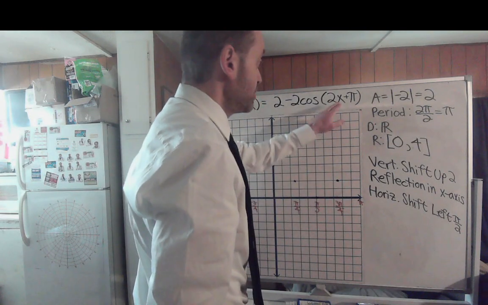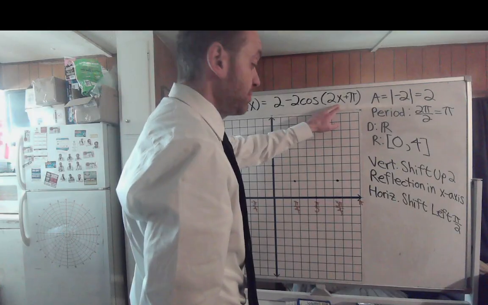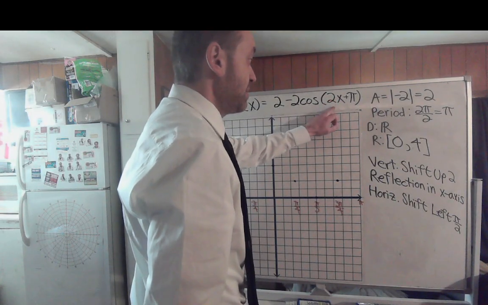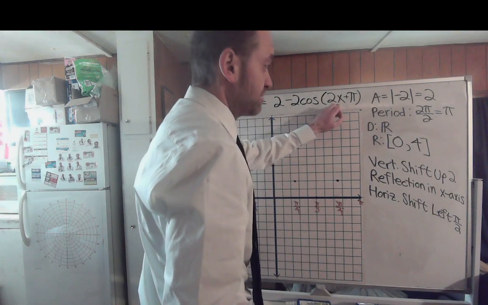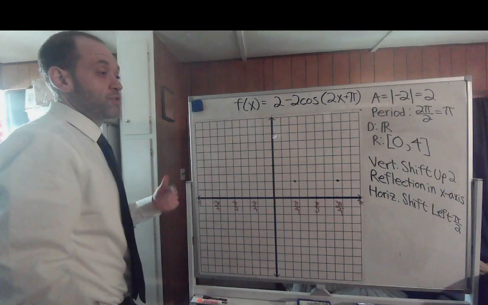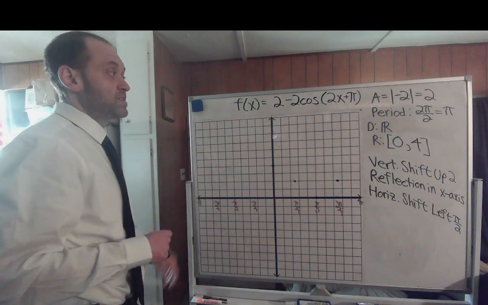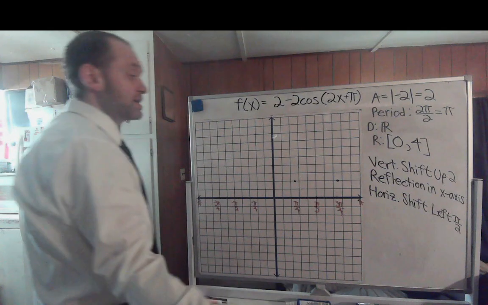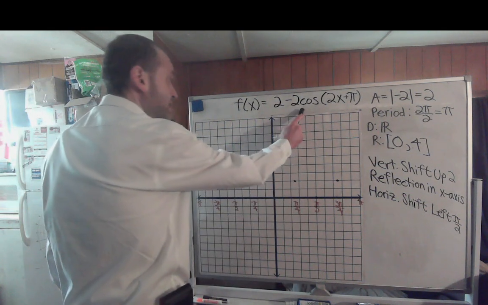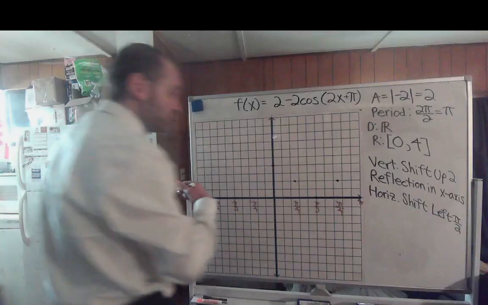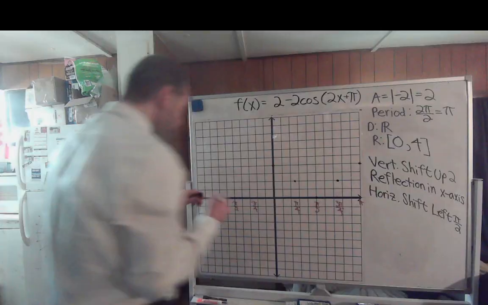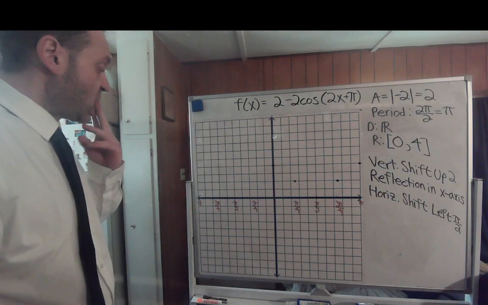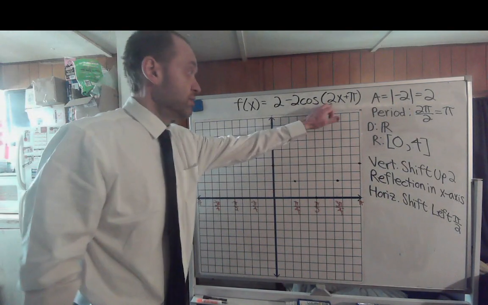If I put in pi, I'll get 2 pi plus pi, that's 3 pi. 3 pi is the same as 1 pi, so cosine of pi is normally -1 times -2 is +2 plus 2 is 4. And then let's put in -pi over 4.